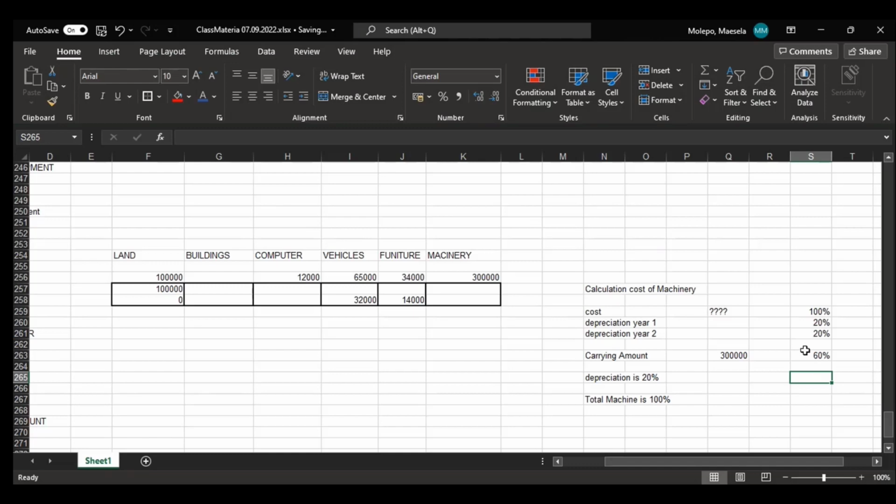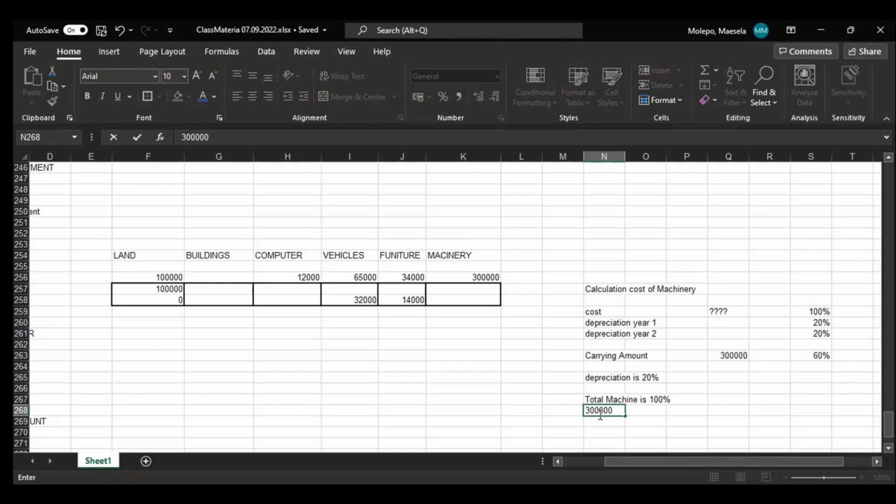Yes. Then now let's calculate the cost price. You will say 300,000 that we have, times by 100, you divide it by 60, 60%, which will give you what? 500,000.